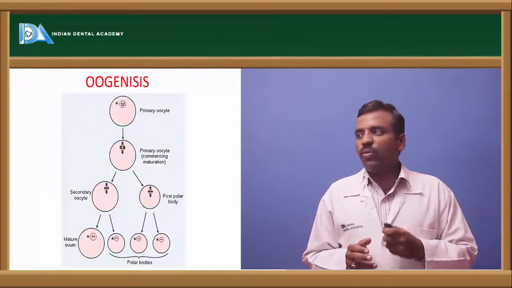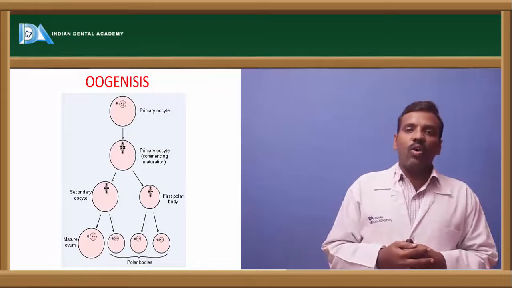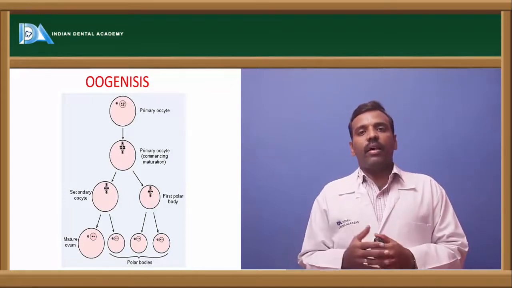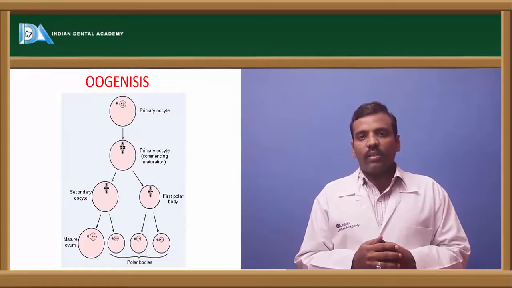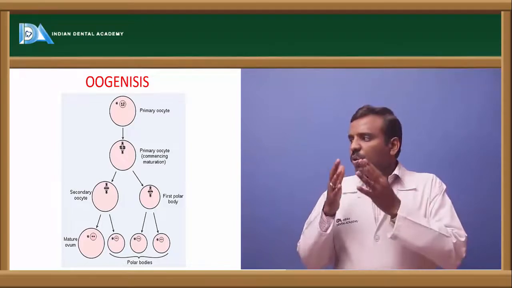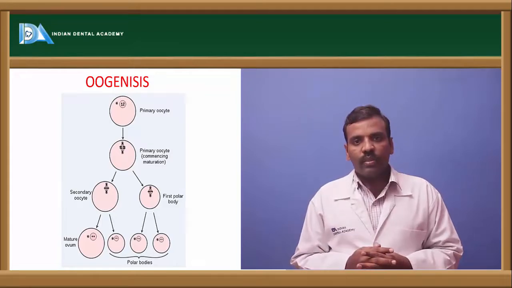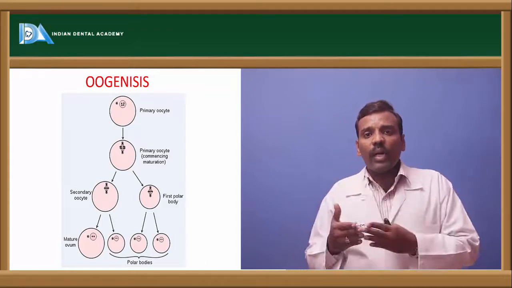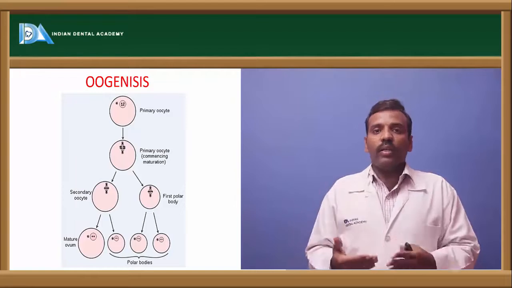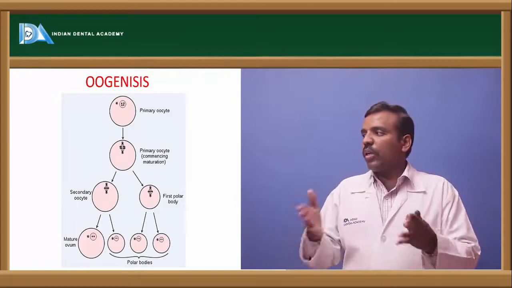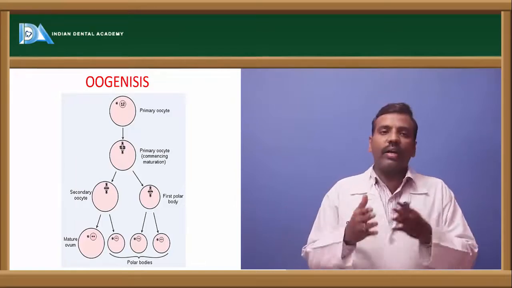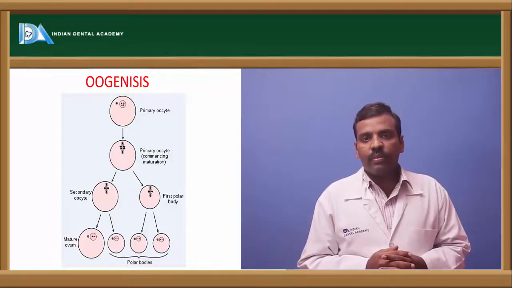Okay, and next one is oogenesis. Oogenesis is nothing but the production of the oocyte. This oocyte production starts with the primary oocyte. The primary oocyte matures and gives two types of cells, the first polar body and the second polar body.